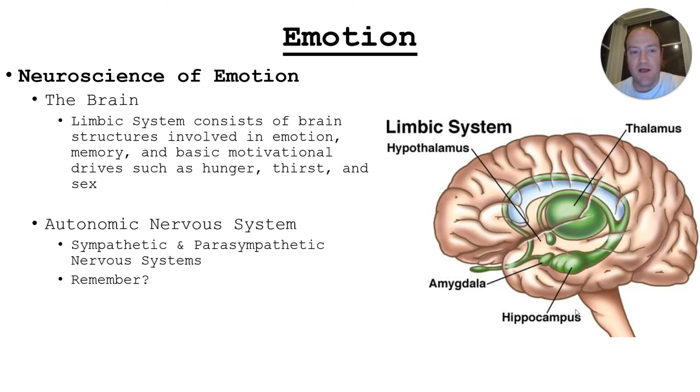And that's why emotion can be tied to things like memories and bodily expressions, and in some cases bodily functions like hunger, thirst, sex, things like that. So again, the limbic system is where emotion is processed in the brain.